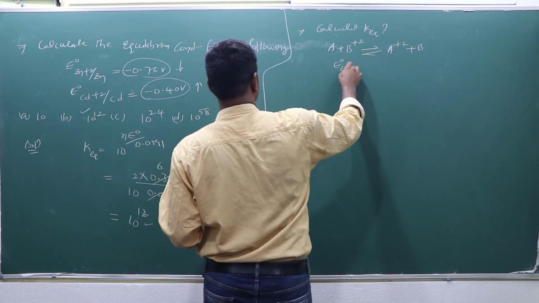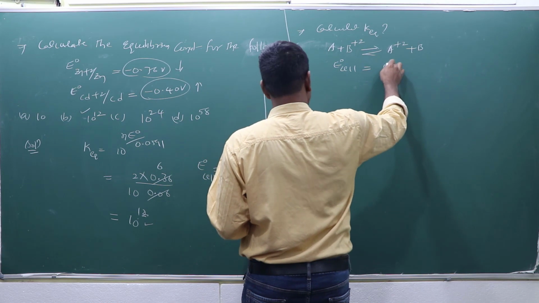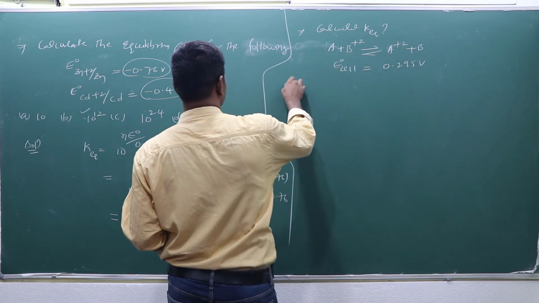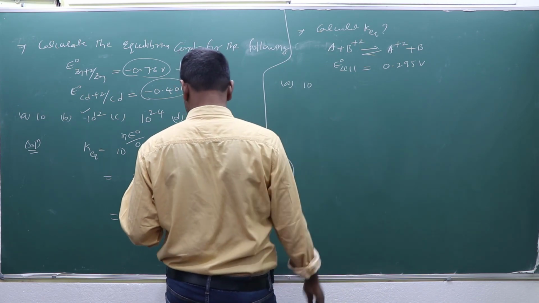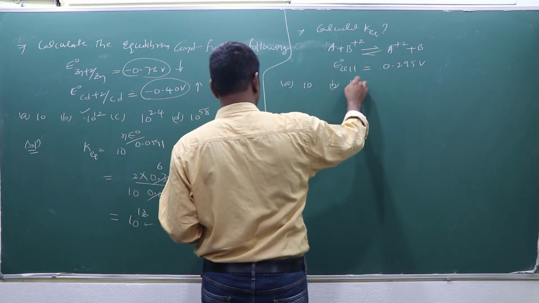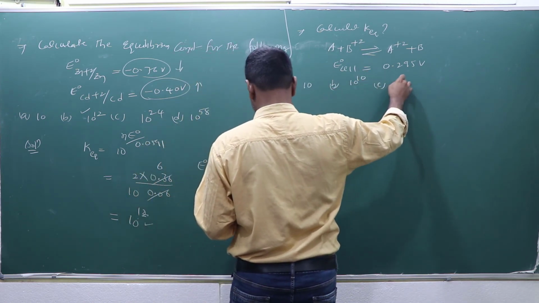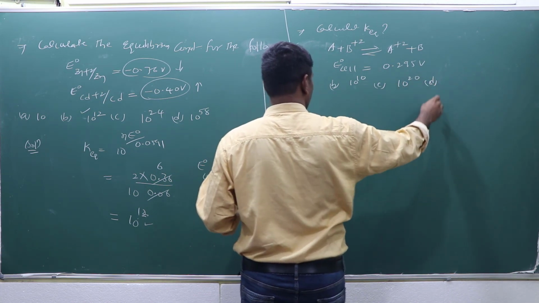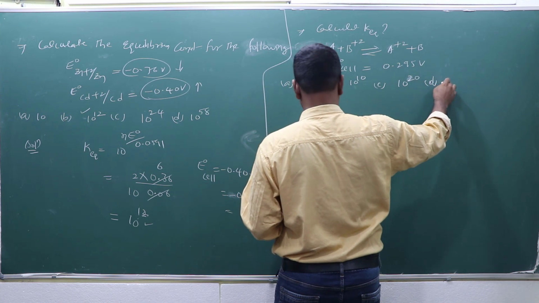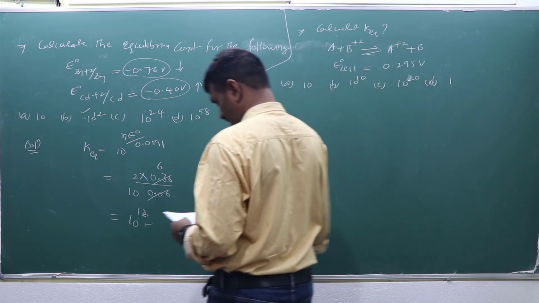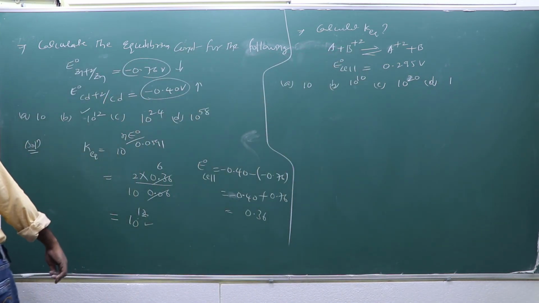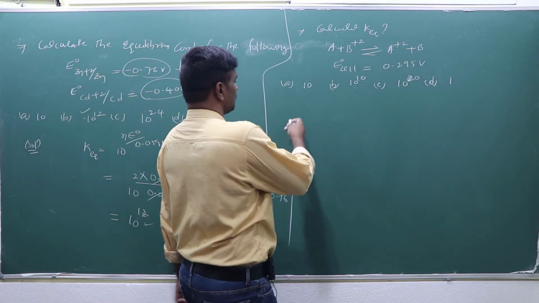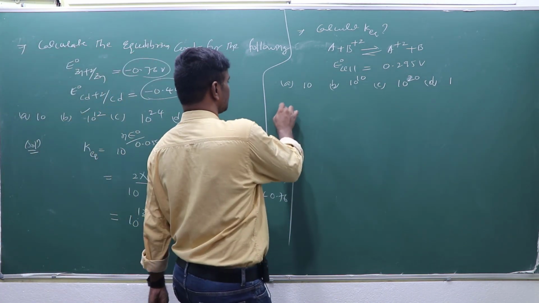E0 cell is equal to 0.295 volts. If it is given like this, you have to calculate. So how to calculate that?